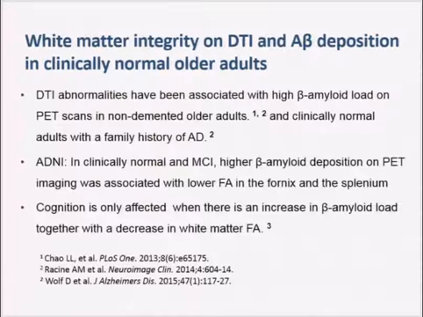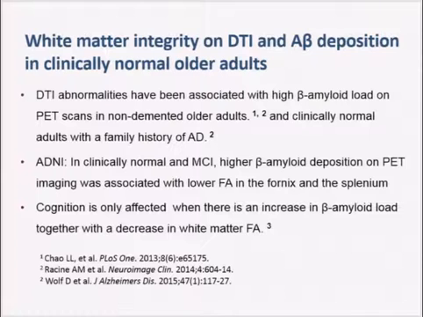Now, how about A-beta deposition? What is the relationship between these DTI changes and A-beta deposition in Alzheimer's disease? In several studies in the literature, we see that DTI abnormalities are associated with beta amyloid load on PET scans in non-demented individuals and even in clinically normal adults with a family history of Alzheimer's disease.